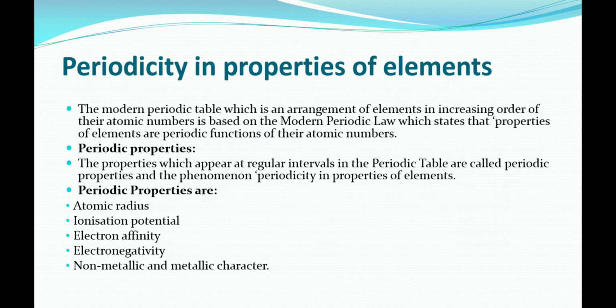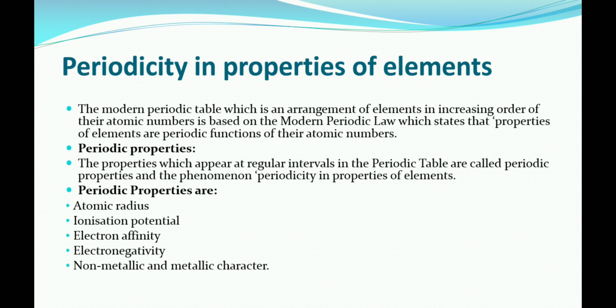Now, periodicity in properties of the elements. The modern periodic table, which is an arrangement of elements in increasing order of their atomic numbers, is based on the modern periodic law, which states that properties of the elements are the periodic functions of their atomic numbers.